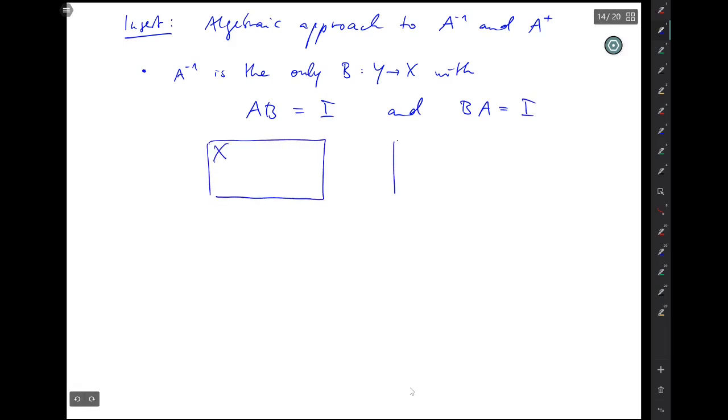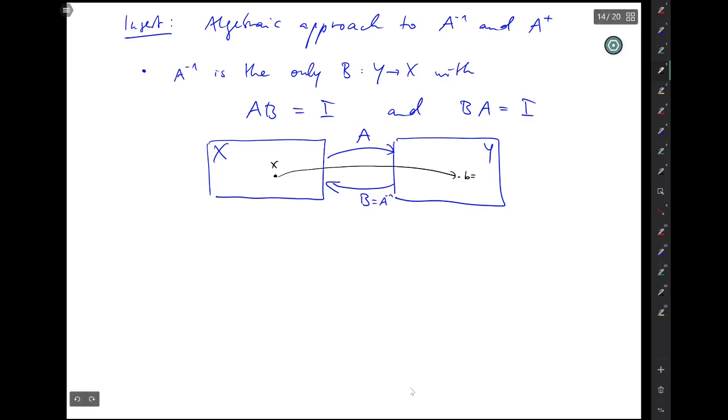Set X, set Y, A goes this way, B goes that way, and if B is the inverse, then you could for example start with little x over here, then follow your operator A to the other side, which would give you b equals Ax over there, but then the inverse would take you back from b to x.